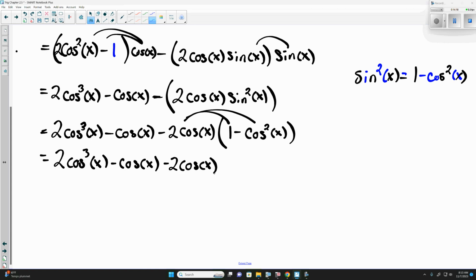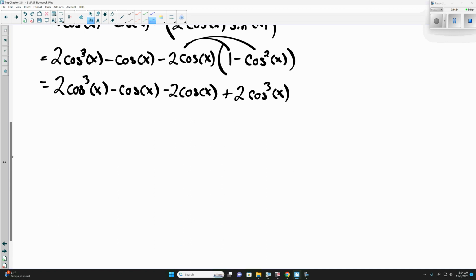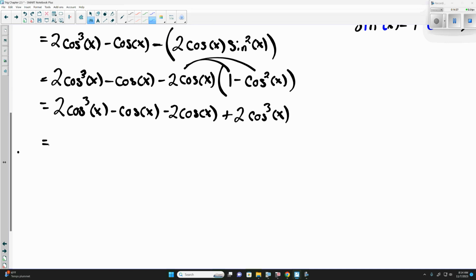Negative 2 cosine of x times negative cosine squared, we'll have plus 2, and our cosine times cosine squared is cosine cubed of x. Nicely enough, we do have like terms. 2 cosine cubed of x plus 2 cosine cubed of x is 4 cosine cubed of x. Negative cosine of x minus 2 cosine of x is minus 3 cosine of x.